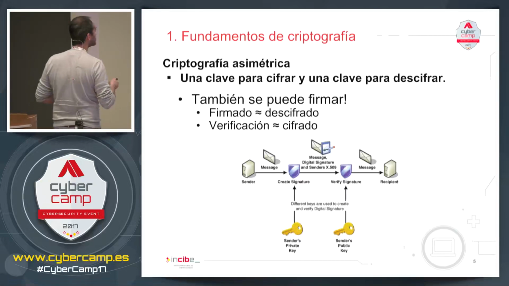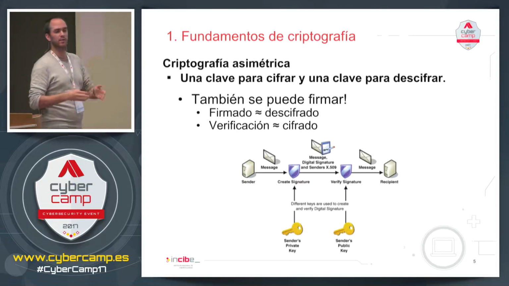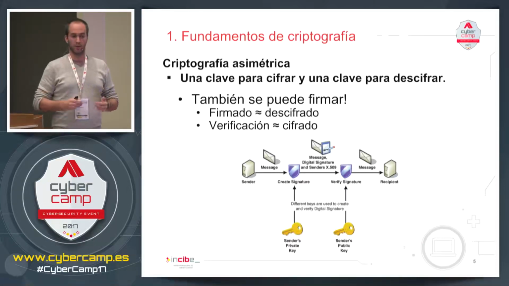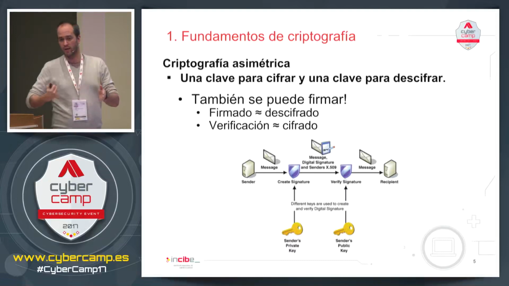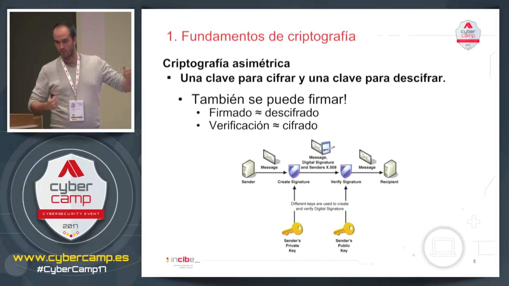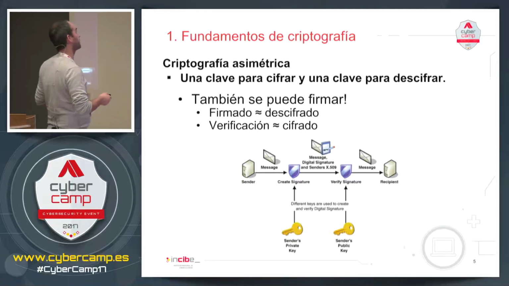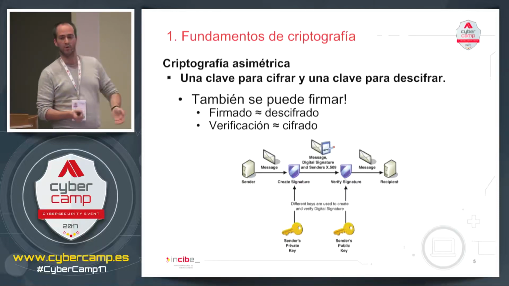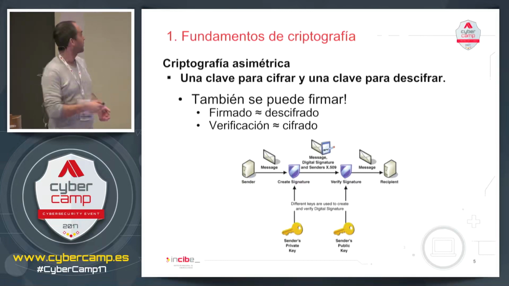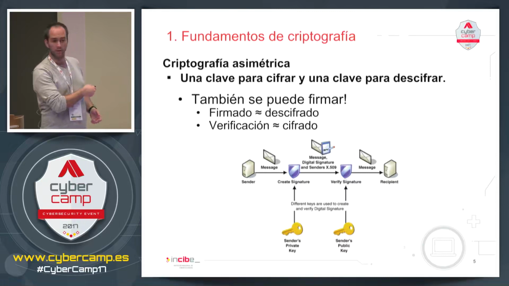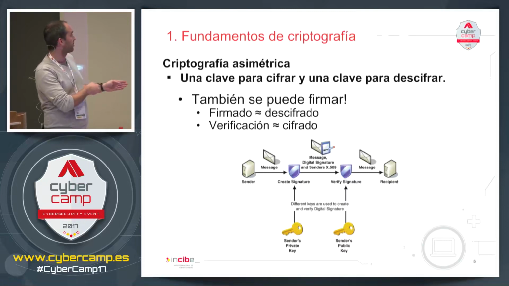So to join the world of jargon, the signature operation is equivalent to the decrypting operation, because what I do to sign is use the private key when we're talking about asymmetric cryptography. If I want to check, checking is like encrypting. So verification anybody can do. Anybody can encrypt.